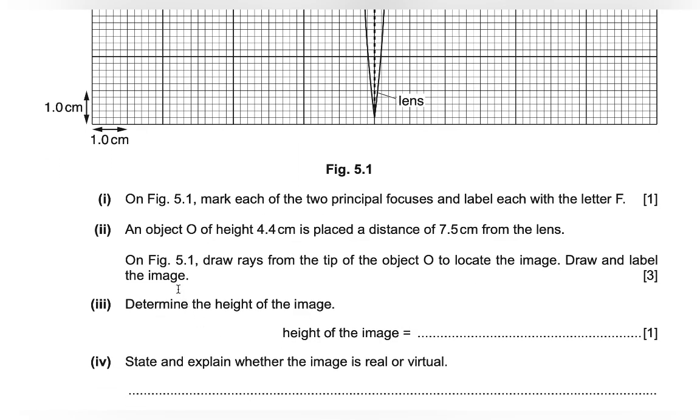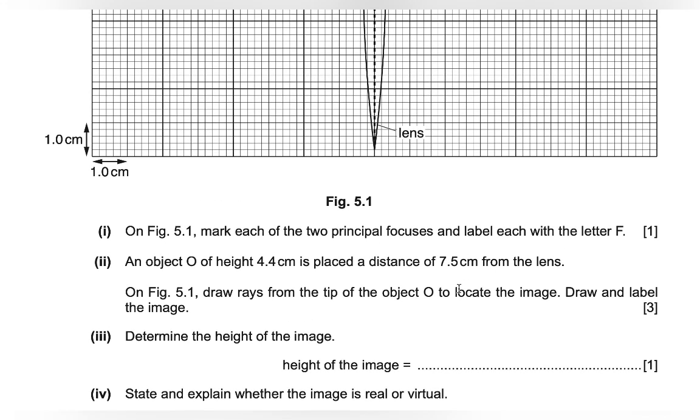An object O of height 4.4 centimeter is placed at a distance of 7.5 centimeter from the lens. You remember 2F is 7 centimeter because 1F is 3.5 centimeter away from the lens. So the object is beyond 2F, 7.5 centimeter away from the lens.